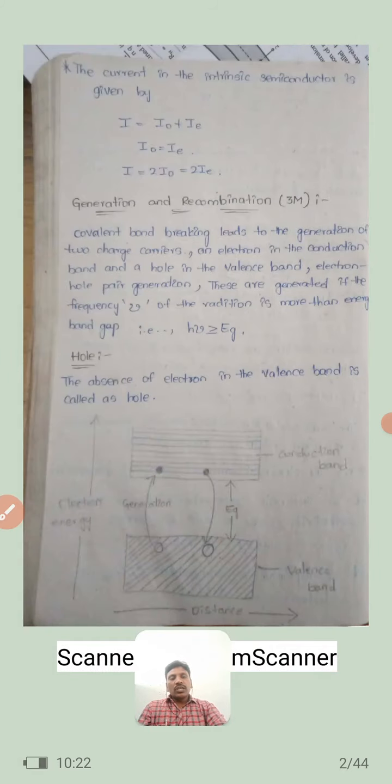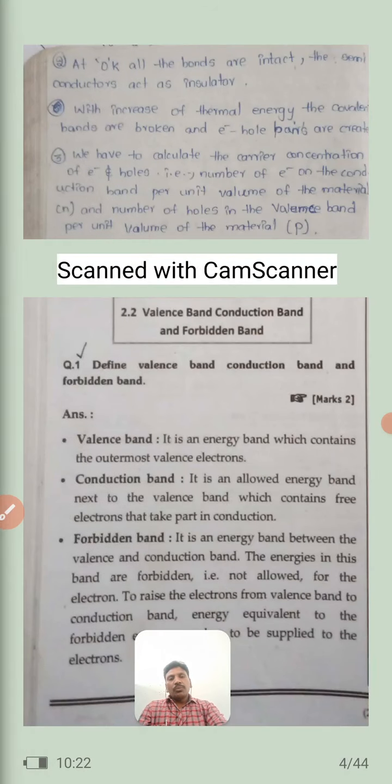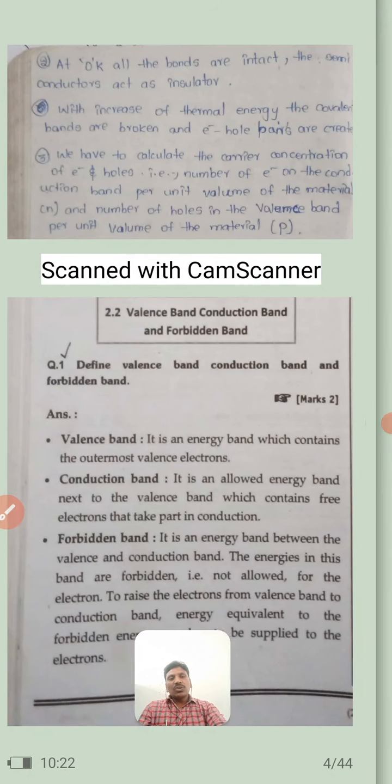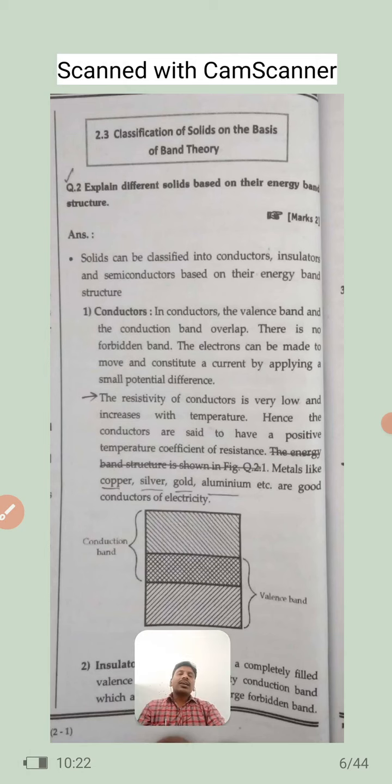Before going to the important topics, we must know what solids are, what the different solids are, and what the categories of solids are.